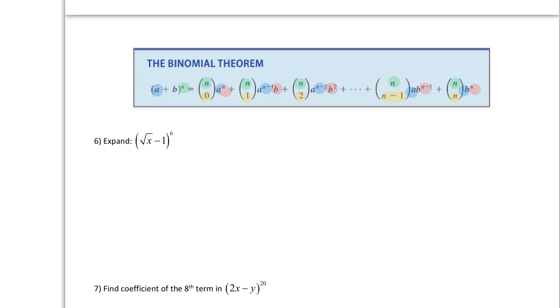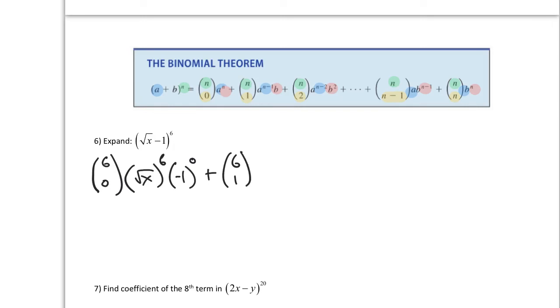So I could expand this binomial to the 6th power. Instead of writing out Pascal's triangle, 7 rows worth, or 6 rows worth, we can use this idea of n choose 0, 1, 2, 3. So I end up with 6 choose 0 times square root of x to the 6th times negative 1 to the 0, plus 6 choose 1, and we just keep building this up.